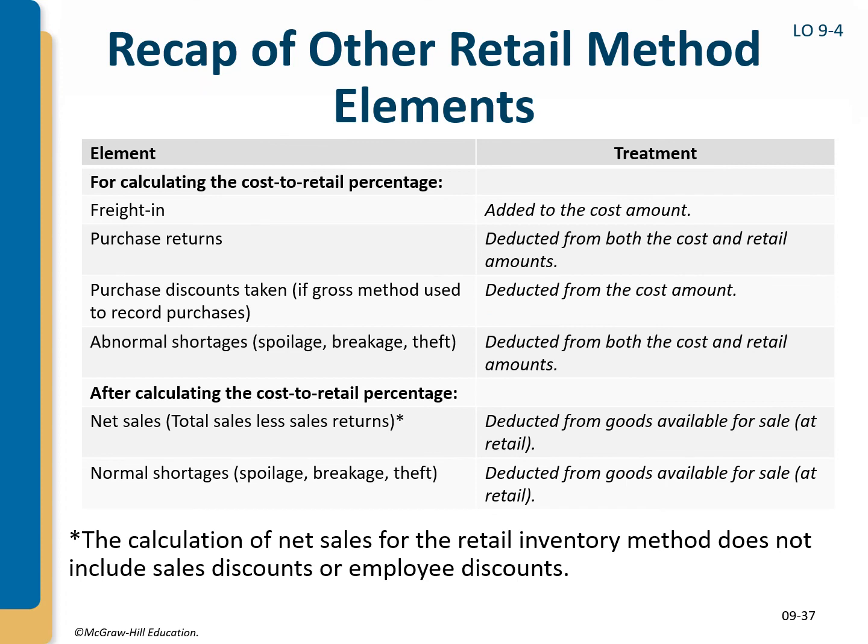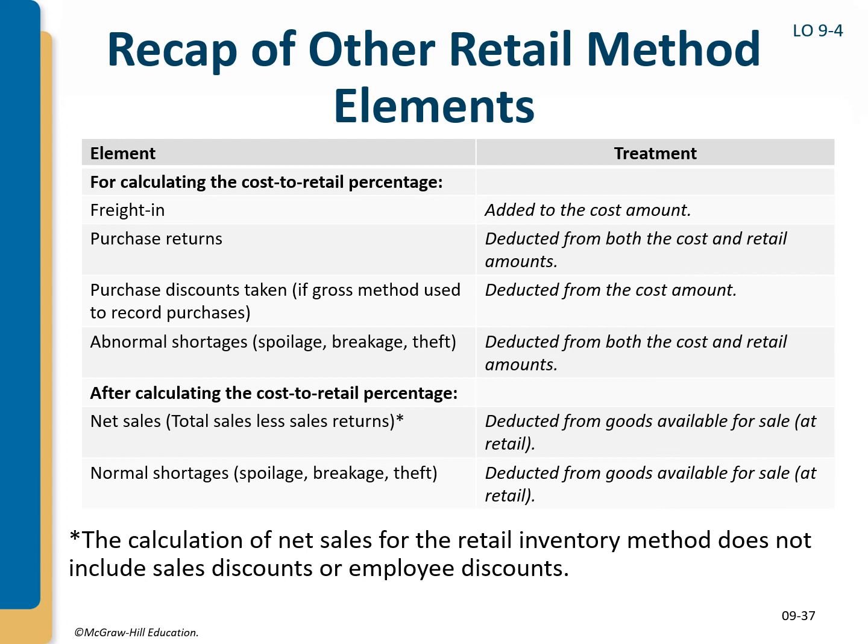Wow, so let's take a little bit of a recap. Remember, freight in is already included in net purchases. And that's only in the cost area. If there are purchase returns listed separately, you would deduct them both from cost and retail. So that was already done for us.